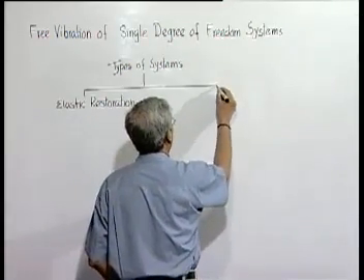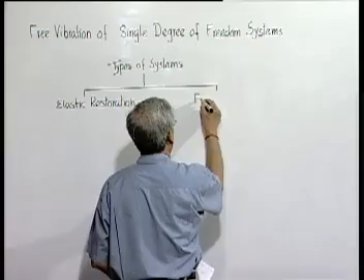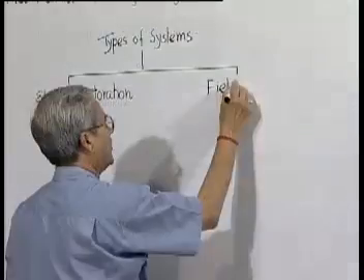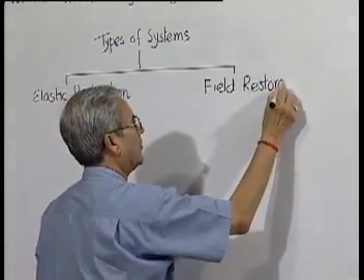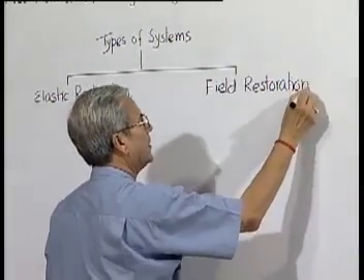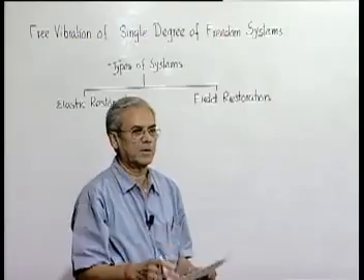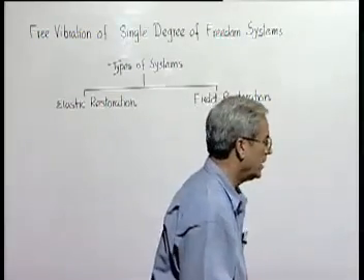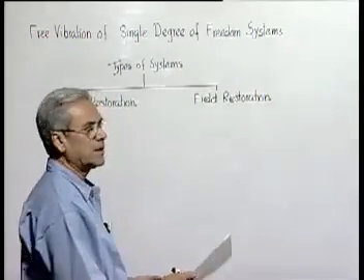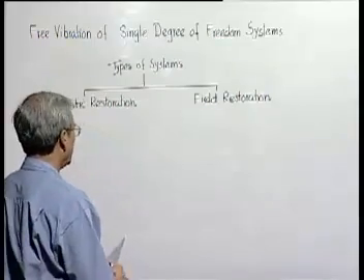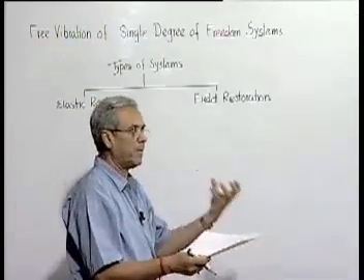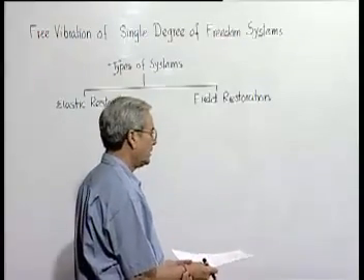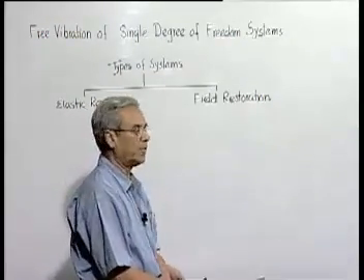The other can be field restoration, which means that there is no elastic member or no strain energy stored in the system which brings it back to the original equilibrium position, but it is a field which acts on the mass or the inertia that is responsible for restoration.